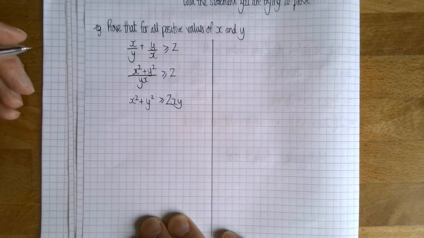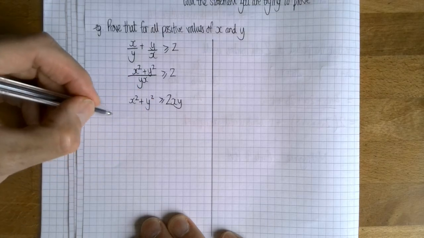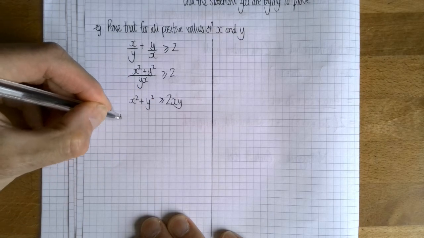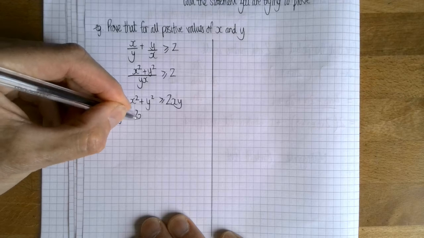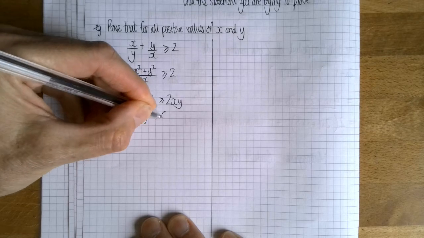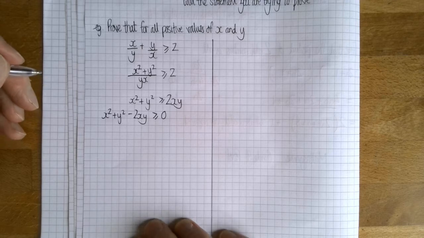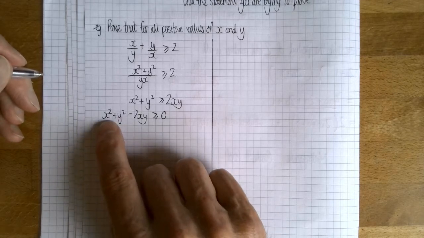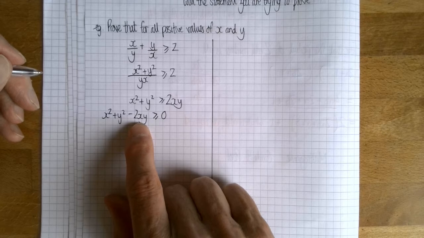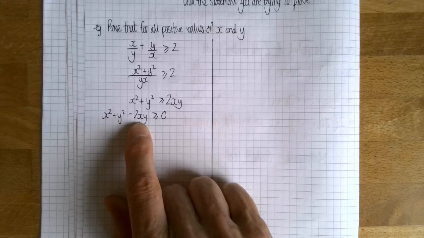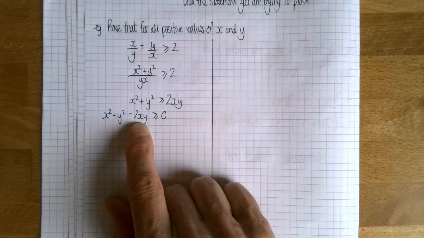I'm then going to subtract that from both sides. And then this is something that only comes by experience. You need to realise that this is something that can be factorised, and it factorises in quite a nice, easy way.